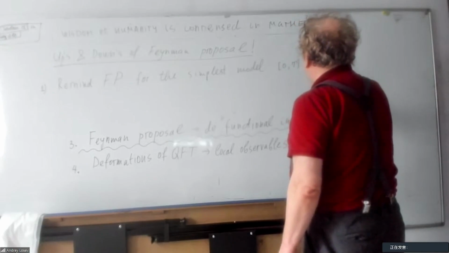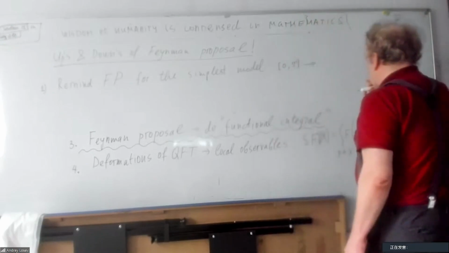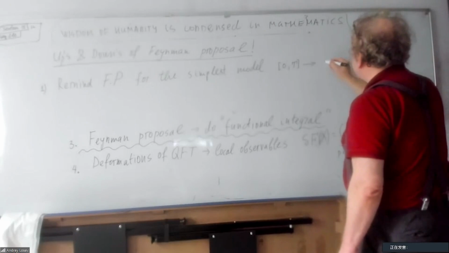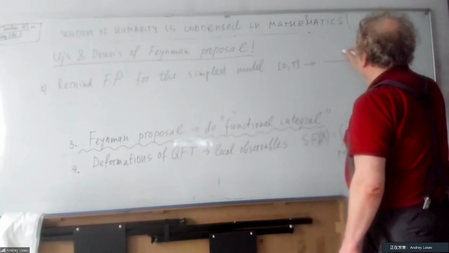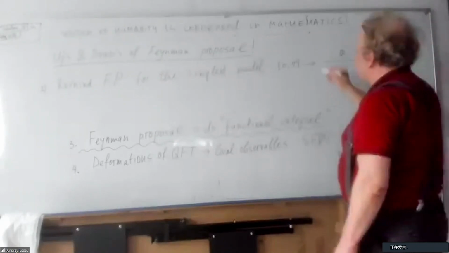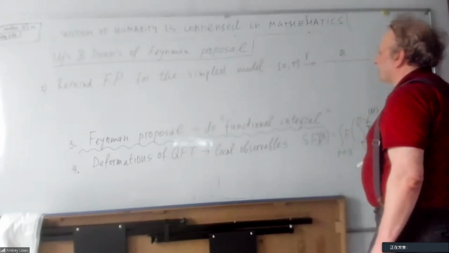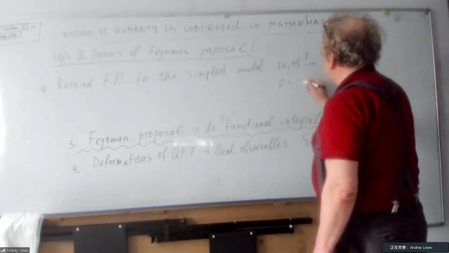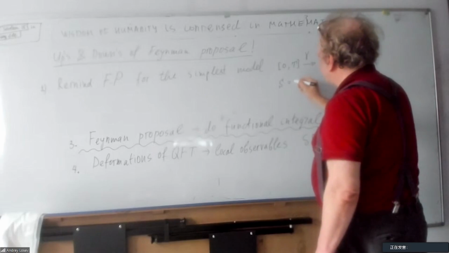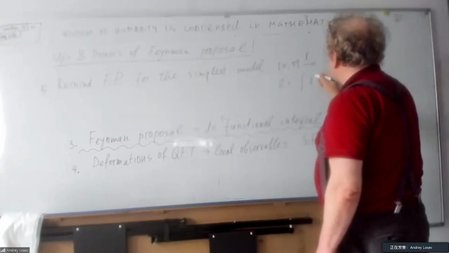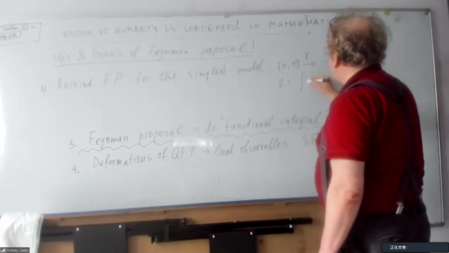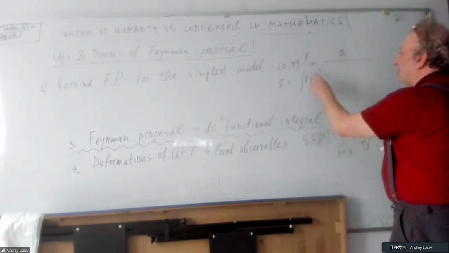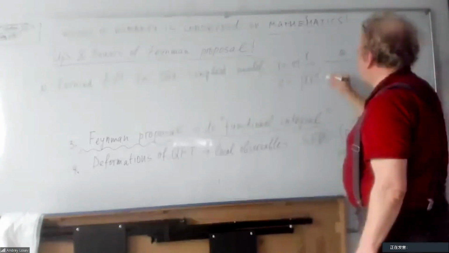Maps of an interval to a line in which action is just integral of the square norm of velocity dt.